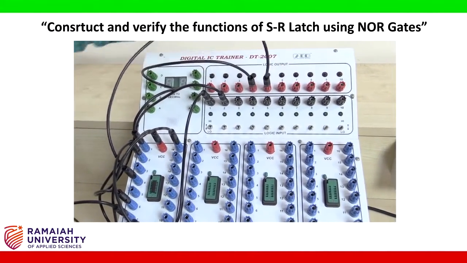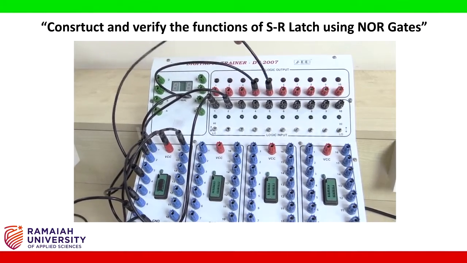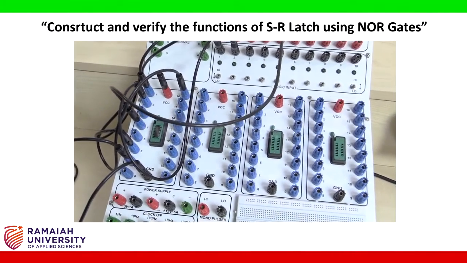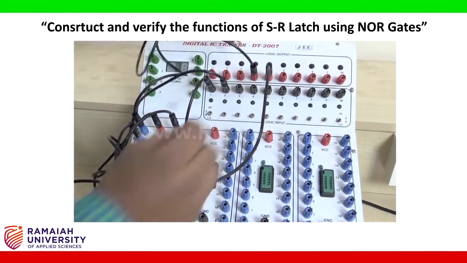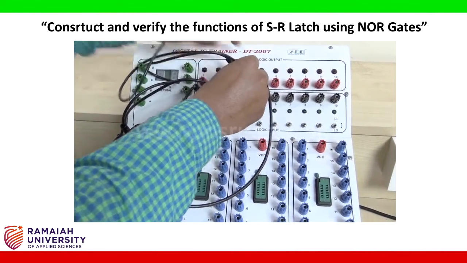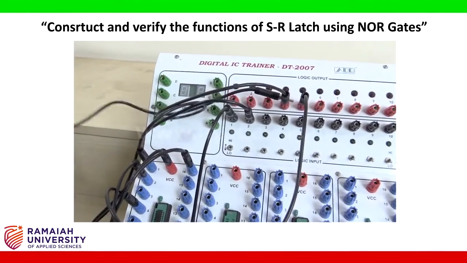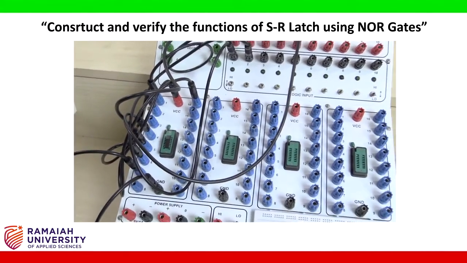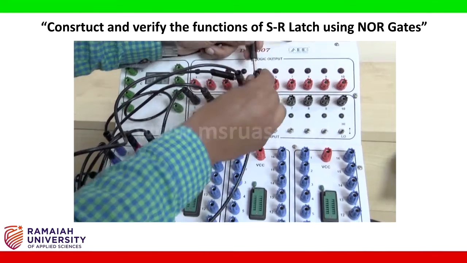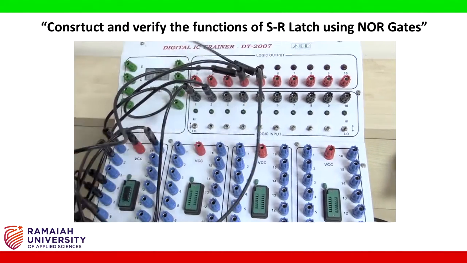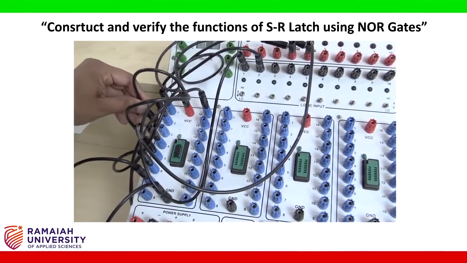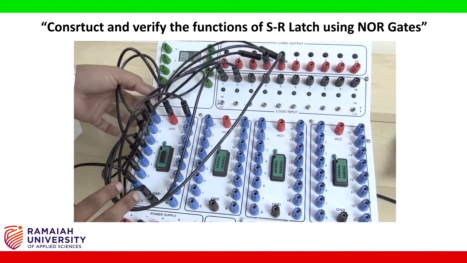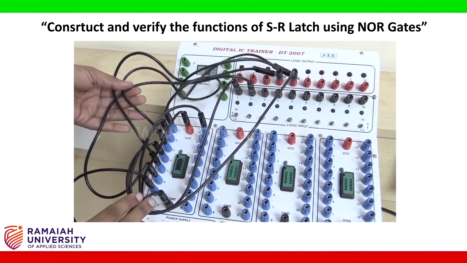This is Q. Now this is Q bar and this is Q. Then the output pin number 1, this output is shorted and it is given as an input to pin 5. Similarly, another output pin number 4 is shorted and connected to the input pin 3. So now this completes the connections.